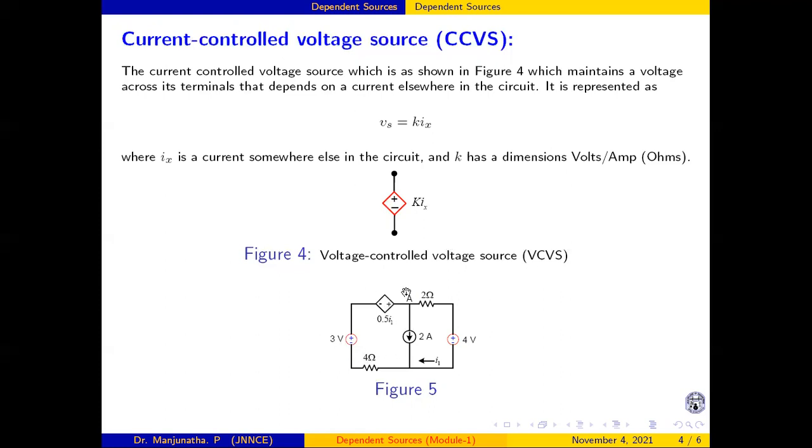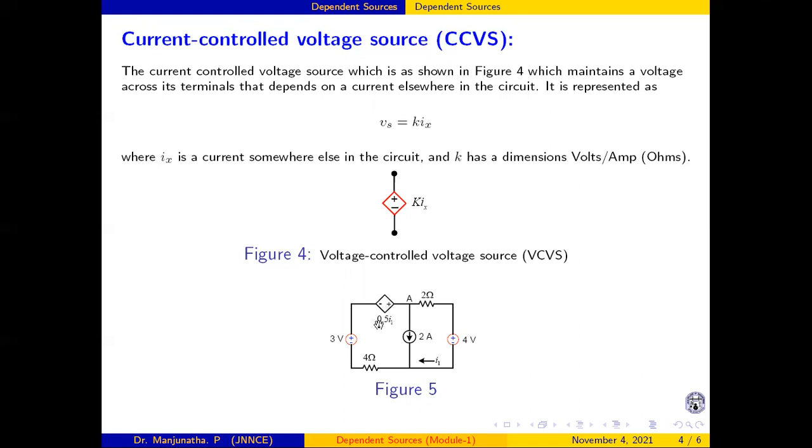And one example network is like this. This is 0.5 I1, where I1 is the current flowing in this path. What is the multiplication factor?